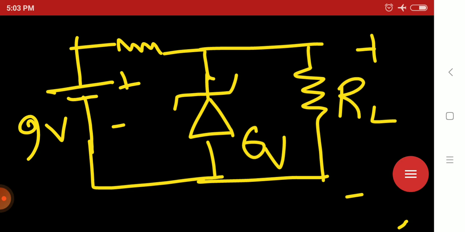So 9 volt, and here is a 50 ohm resistance.